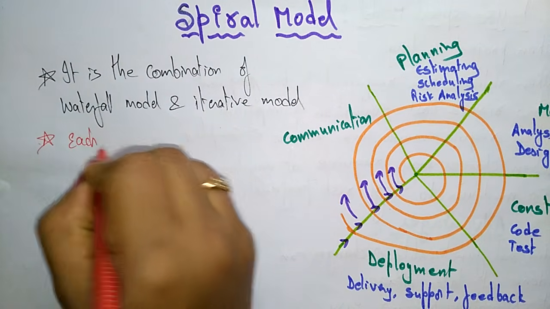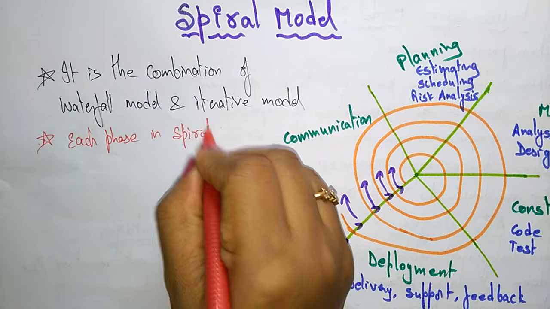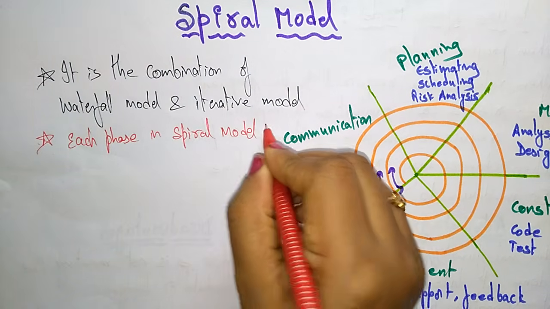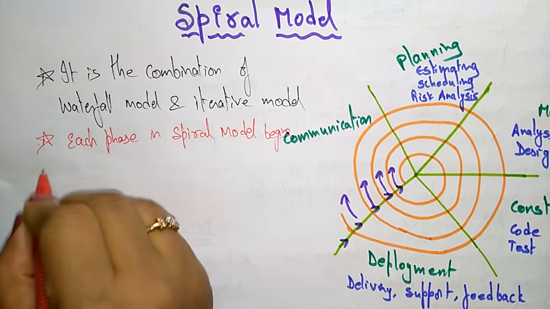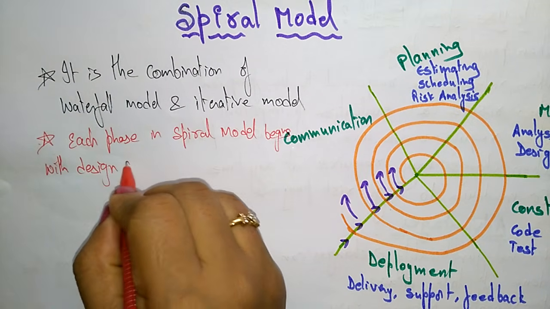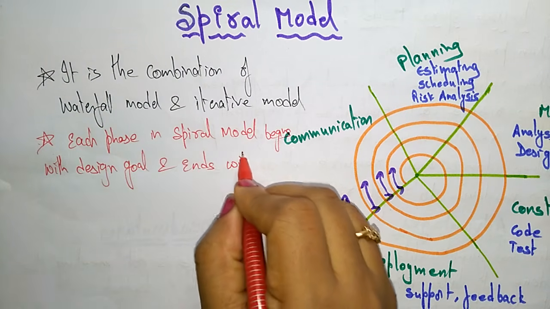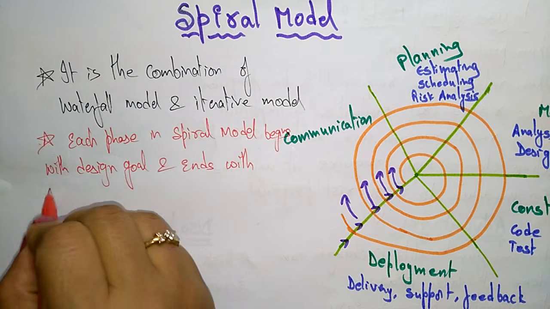Each phase in the spiral model begins with the design goal and ends with client reviewing.